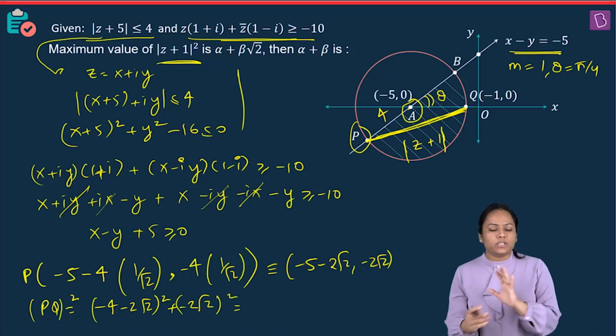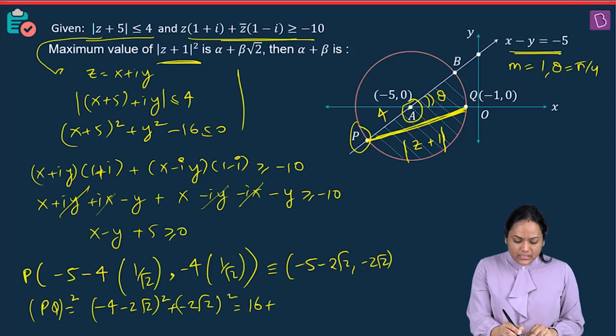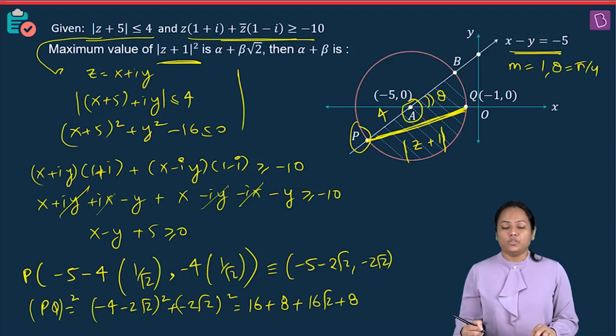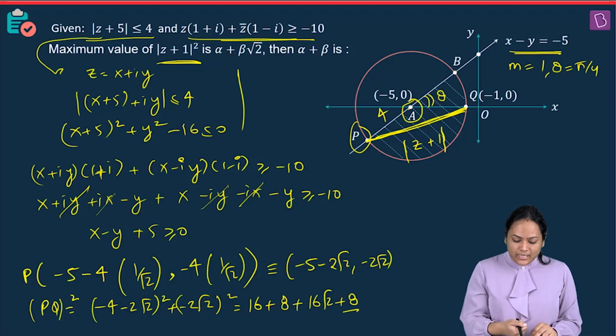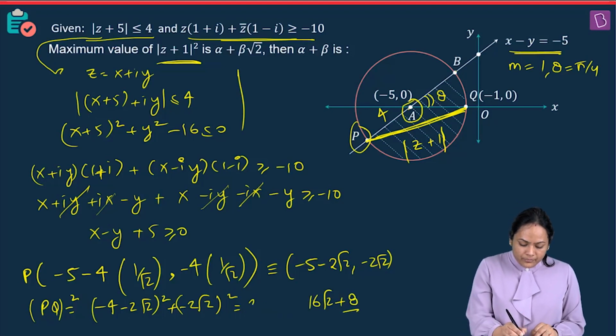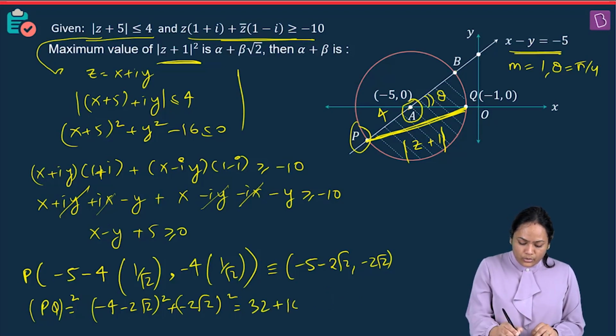Let's quickly find out what this is coming out as. So when I expand this out, I'll have 16 plus 8 plus 16 root 2 plus 8. So finally it's coming out as 16 plus 16, that is going to become 32, plus 16 root 2.